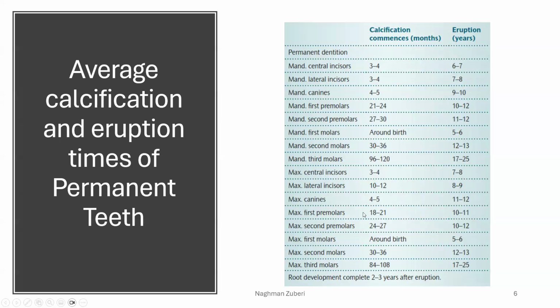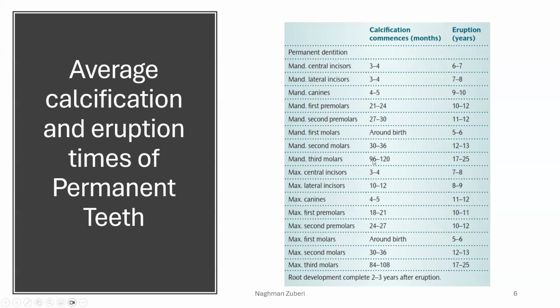Mandibular first molars and the maxillary first molars usually have their calcification commence at about the same time, at around birth. Mandibular first molars erupt at 5 to 6 years, and the mandibular second molar 30 to 36 months for the calcification commencement and 12 to 13 years for the eruption.